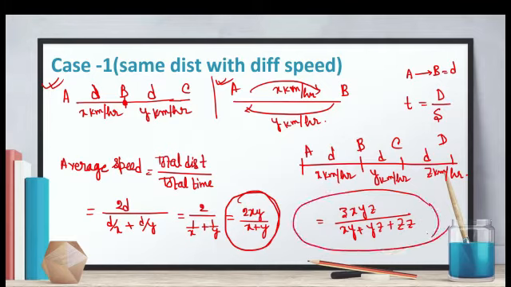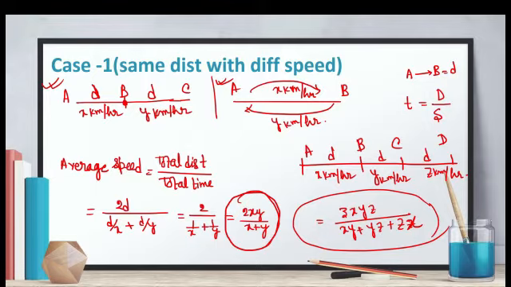For three different speeds, the formula is 3xyz upon xy plus yz plus zx. Now, it's a little bit calculative for three different speeds, so we will not proceed with this formula.